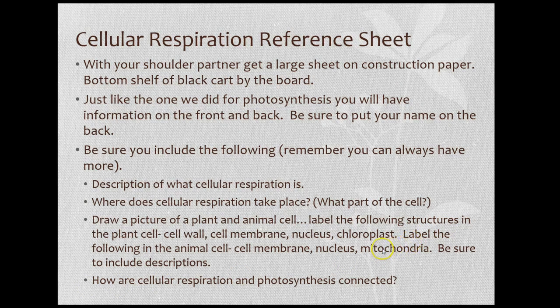I'll fix that for you on the PowerPoint that you can have projected up on the board. So for the plant cell, you need cell wall, cell membrane, nucleus, chloroplast, and mitochondria. For the animal cell, you're going to label a cell membrane, a nucleus, and the mitochondria. Be sure you include descriptions or kind of a job, like a duty position, of what these particular structures do.